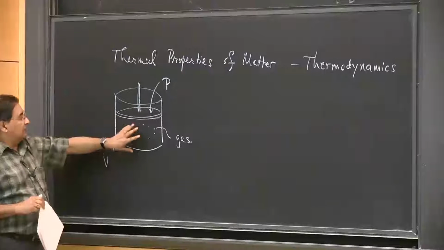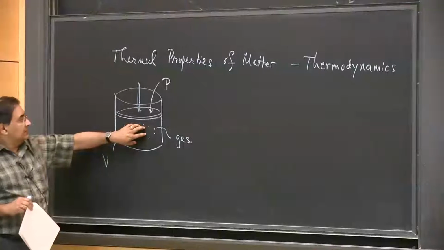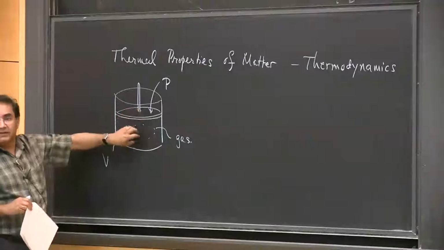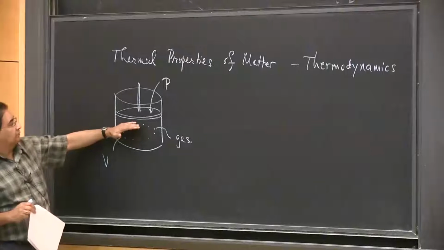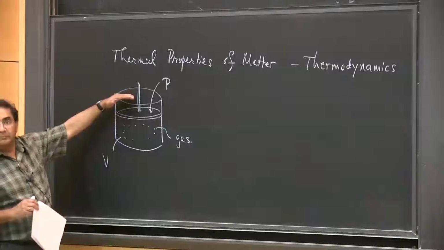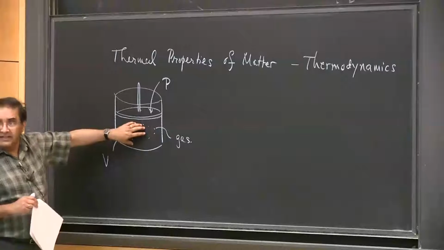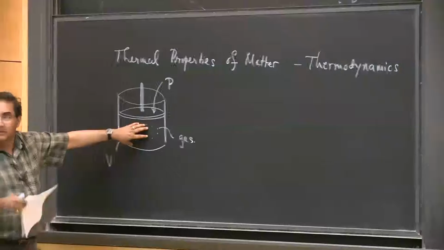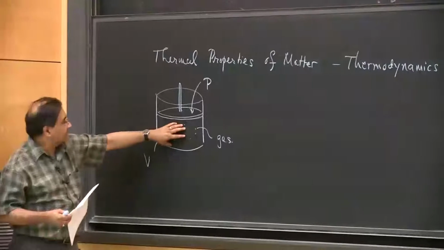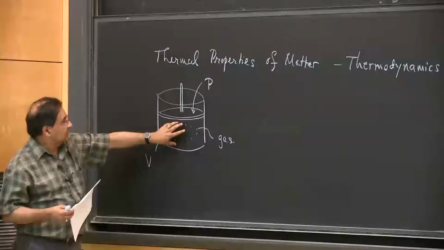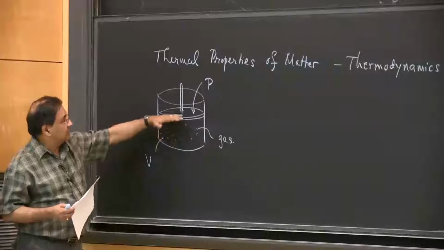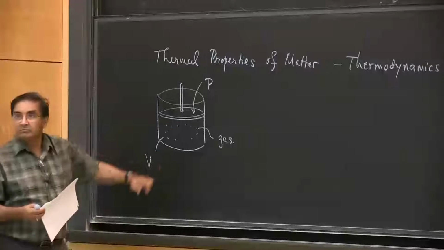If you heat this up, then the gas can expand, and it would push this piston up. If you cool this down, the kinetic energy of the gas molecules will go down, and the gas will try to take less space, which means this piston will go lower.